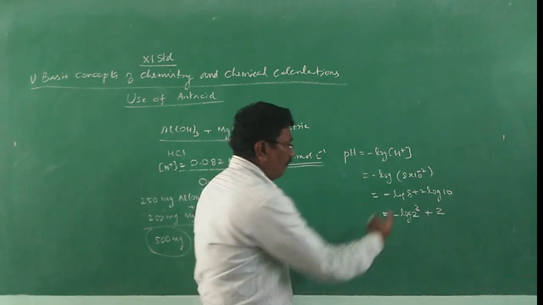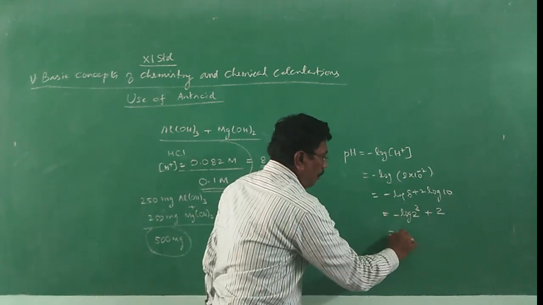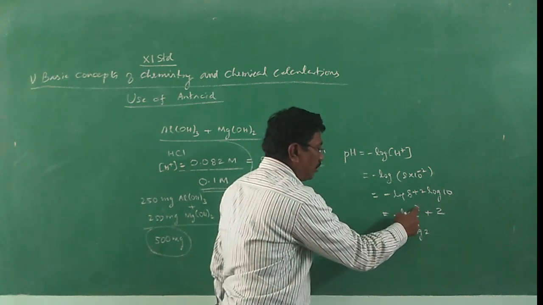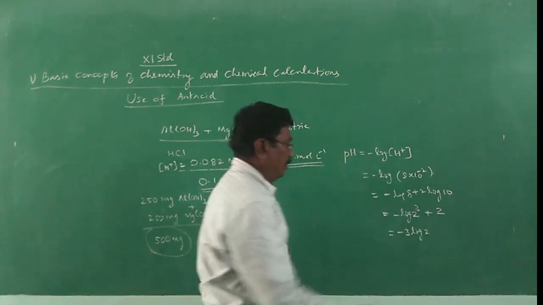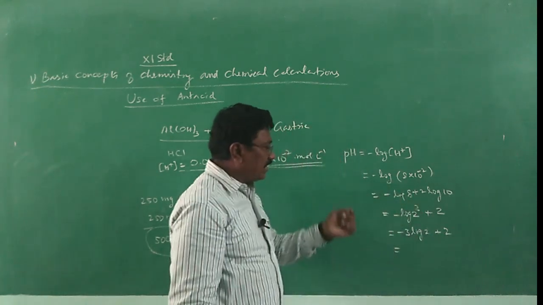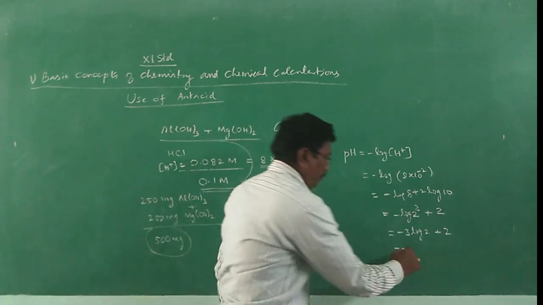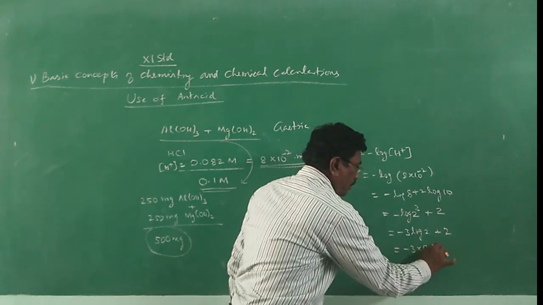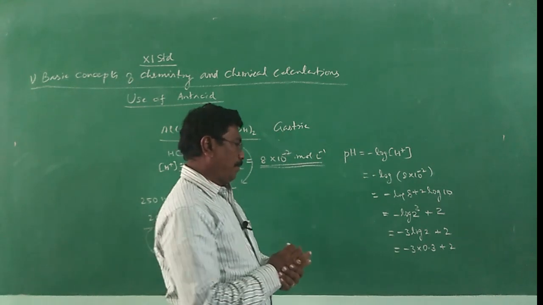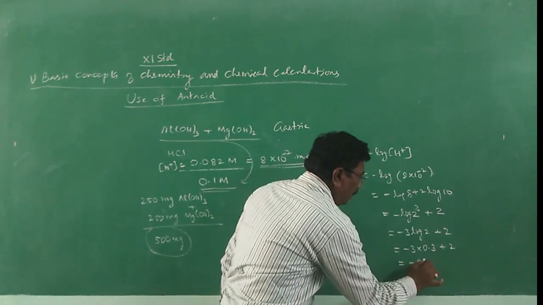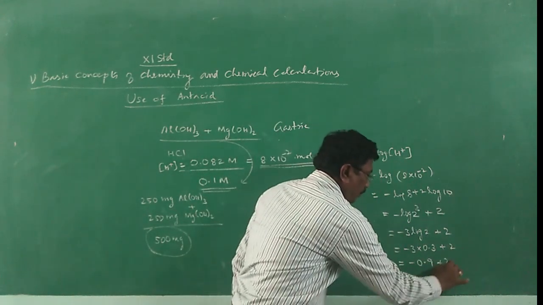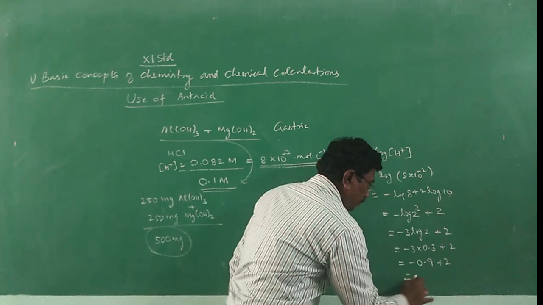When 3 comes to the front, it will become minus 3 log 2, because we know log x power y is equal to y log x, plus 2. We know the value of log 2, which is nothing but 0.3010. Let me say 0.3 approximately. And therefore it becomes minus 0.9 plus 2, which is equal to 1.1.